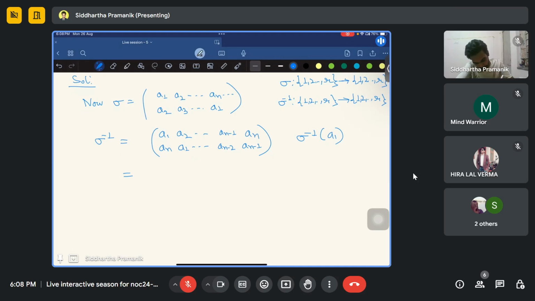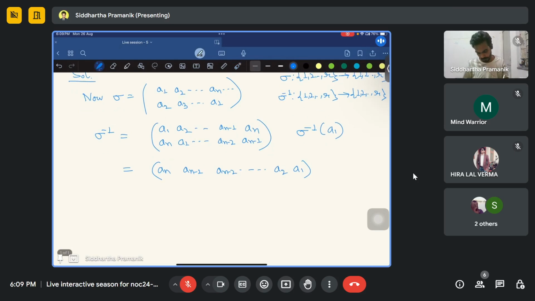So let's start with an. an goes to a(n-1), and a(n-1) goes to a(n-2). Continuing this, you can see a2 goes to a1, and since a1 goes to an, our cycle is closed here.